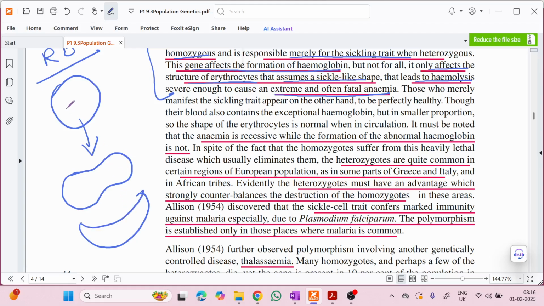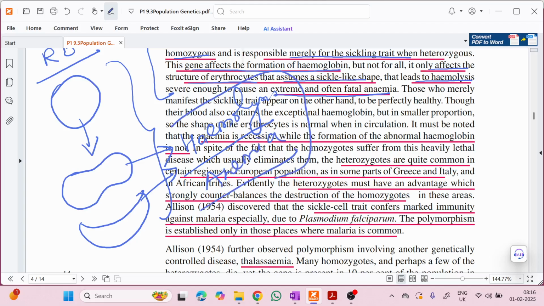They do not exist now in spherical form, but in a form that resemble a sickle. अब इसकी वजह से the person may suffer from hemolysis, which means anemia, loss of blood. And as you know, loss of blood is always lethal, especially when it does not lead to clotting. So ऐसी situation में the presence of the sickle cell anemia, it may prove lethal.